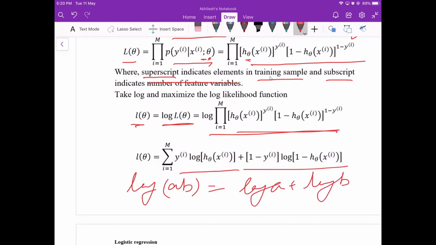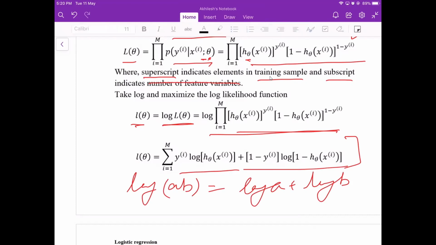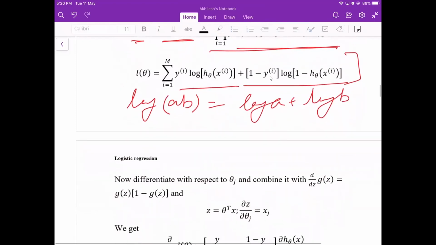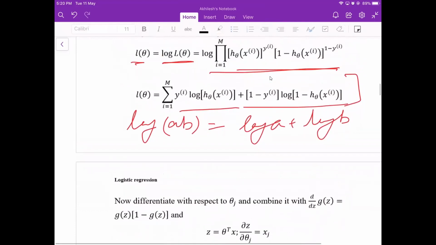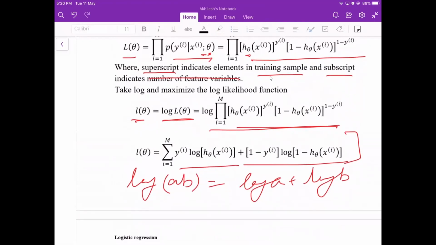You can expand it in this fashion, and the same thing is expanded over here. This is the log likelihood. What we do is maximize the log likelihood.